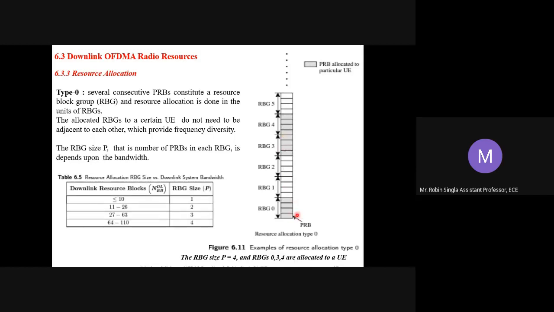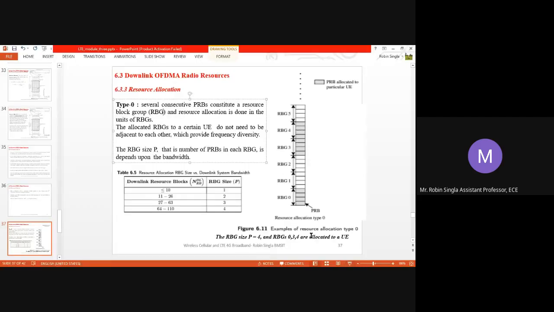For example, here RBG size P is 4, and RBG 0, 3, and 4 are assigned to a user.